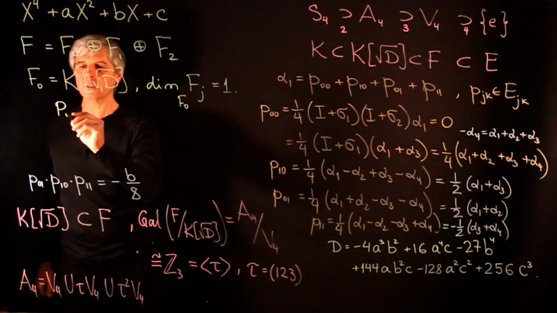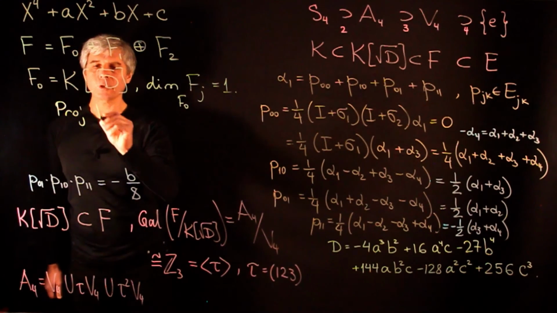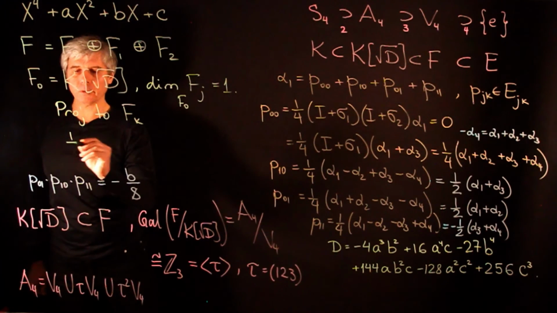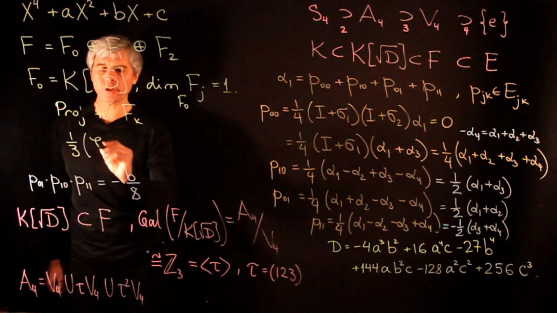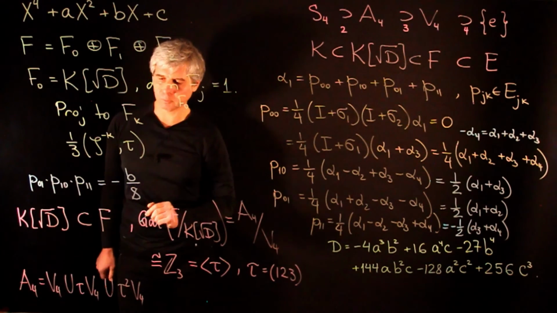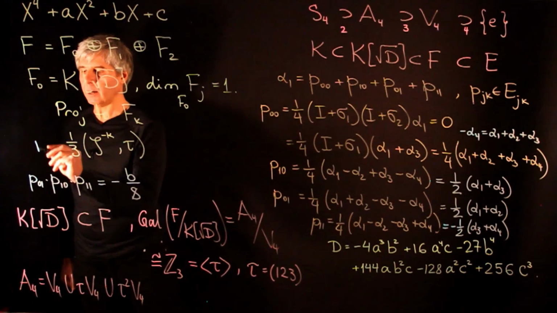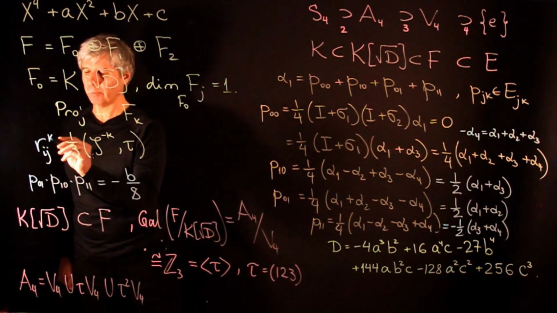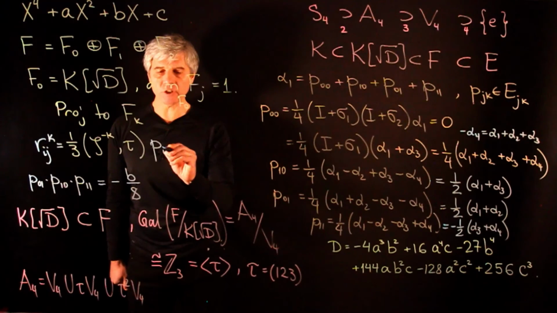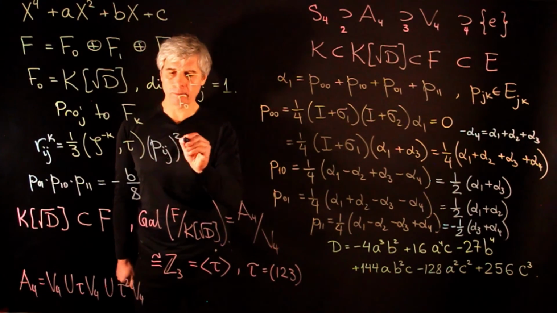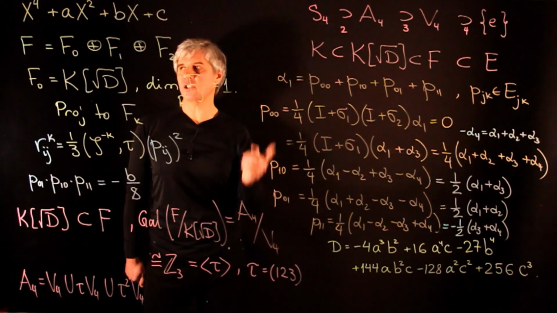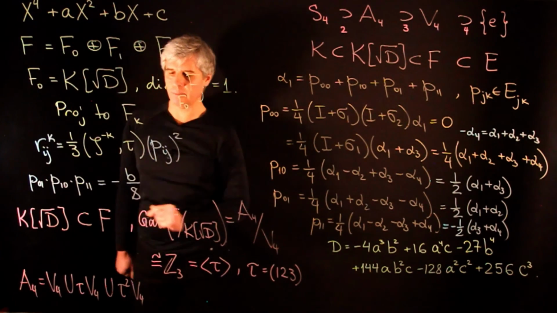The projection to the space Fk is given by a Lagrange resolvent. So it will be 1/3 Lagrange resolvent of zeta to the power of minus k with tau. And let us denote by Rijk the projection of the element Pij squared, since we know that the squares of Pij's are elements of F.